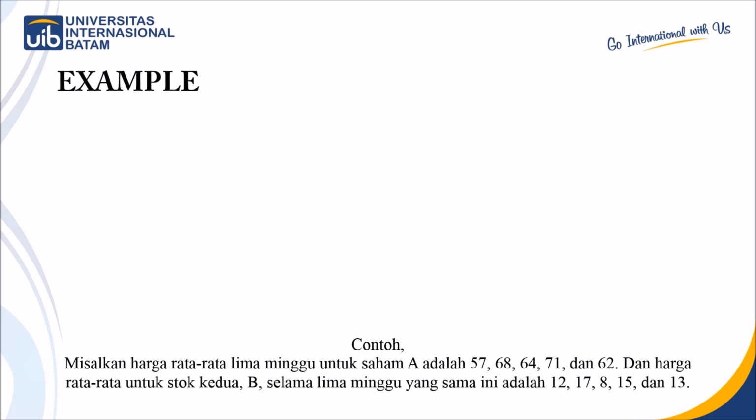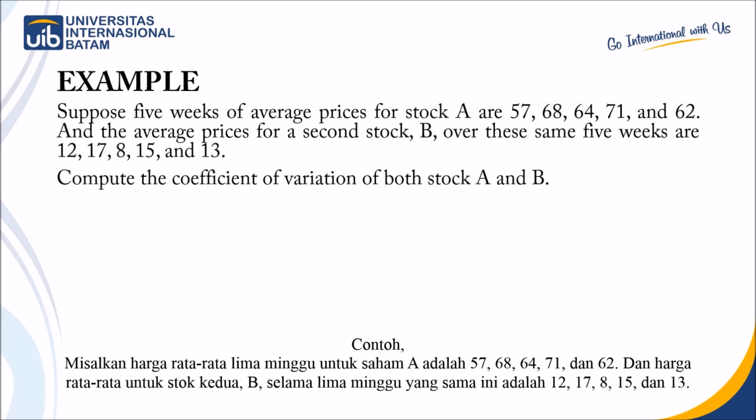Example: suppose 5 weeks of average prices for stock A are 57, 68, 64, 71, and 62, and the average prices for a second stock B over the same 5 weeks are 12, 17, 8, 15, and 13.